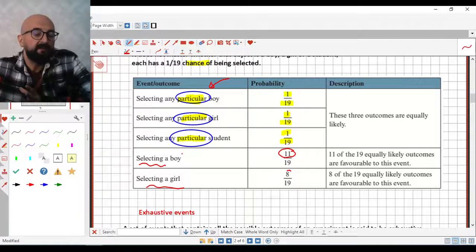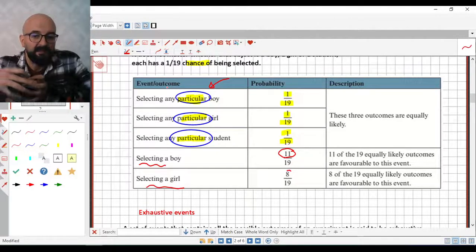So we have 11 boys, so we select from the 11 boys. Okay, it's very important that you understand that they are different.